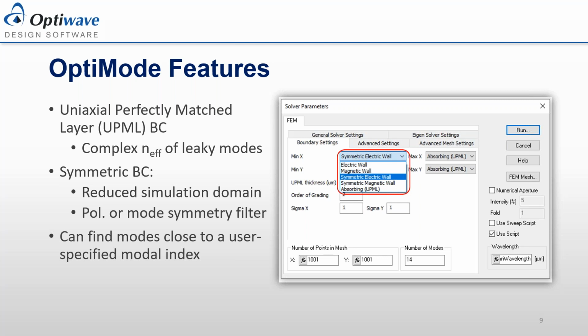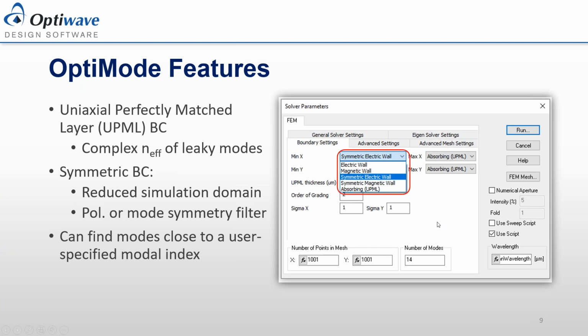The second boundary condition, and this one gets used quite frequently in photonic crystal fiber research, is the use of symmetric electric and magnetic walls. What these symmetric walls allow you to do is take advantage of the symmetry and only calculate one particular section, and that field can then be duplicated around when you're looking at your final analysis.